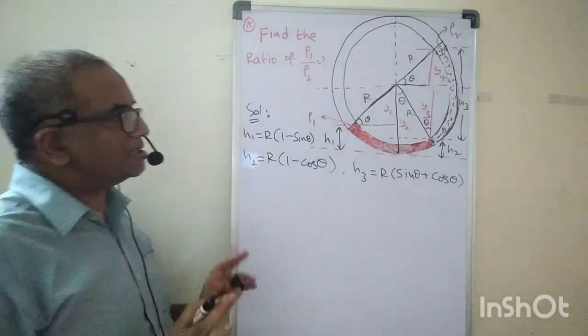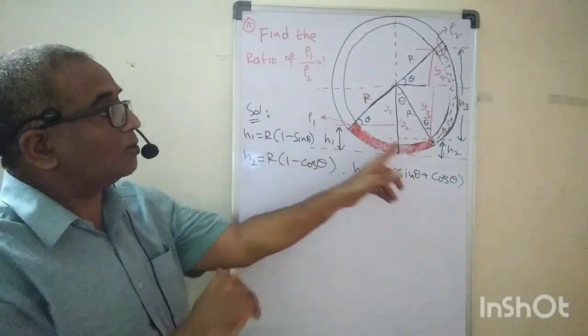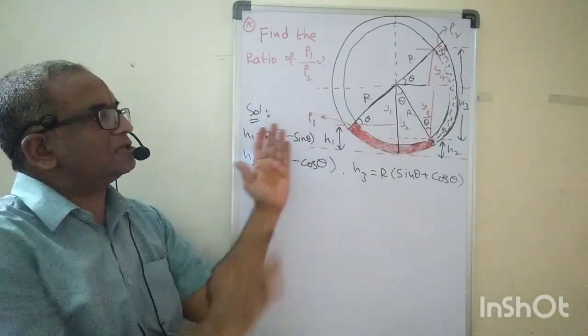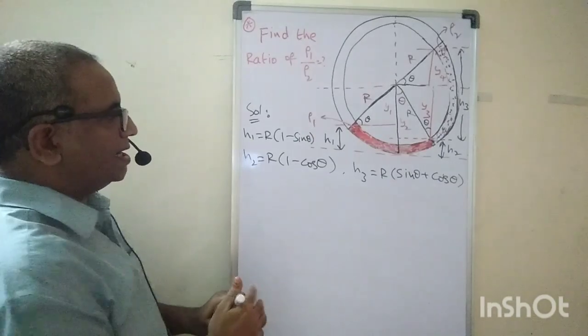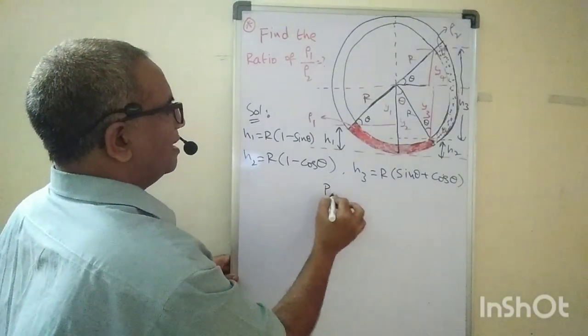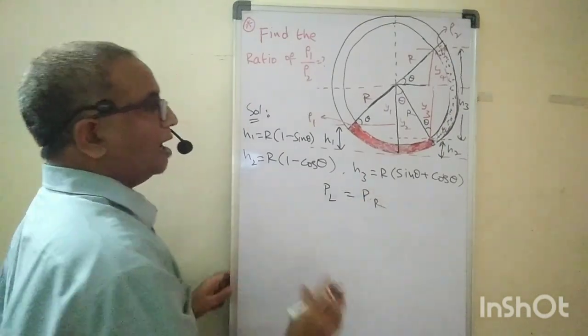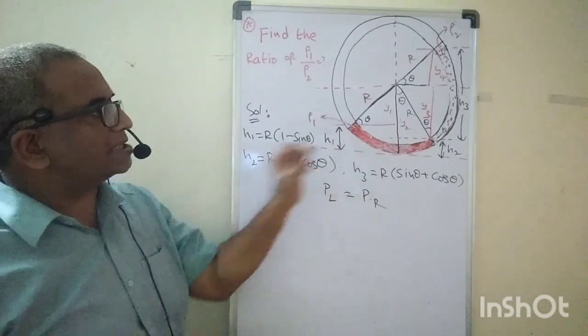Once again, see what we did here. We got rho 1 on this side, and rho 1 and rho 2 on the other side. So pressure due to the left side is equal to pressure due to the right side. That is the technique here. On the left side, who is exerting pressure?